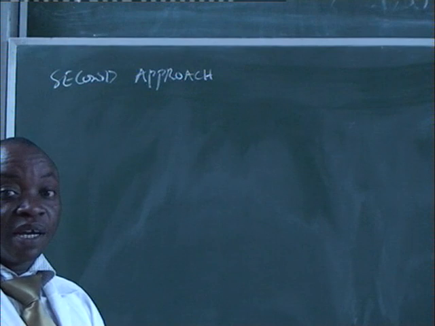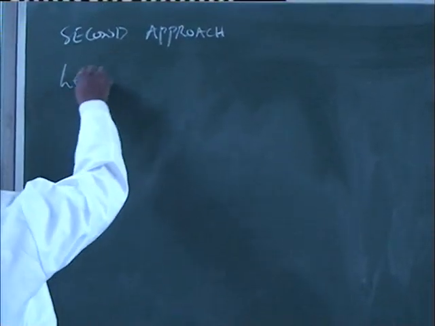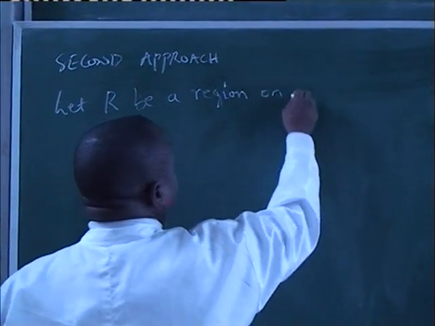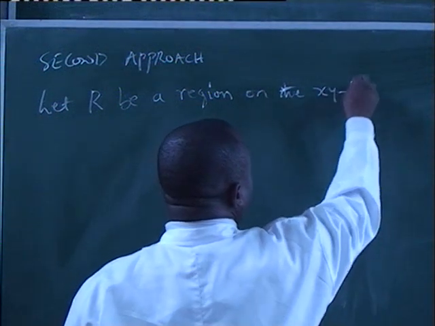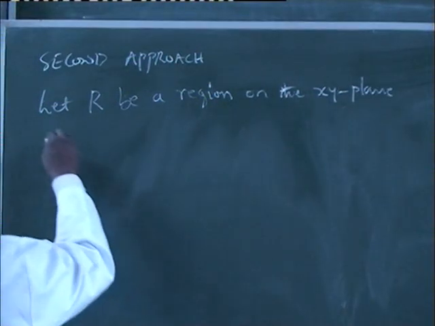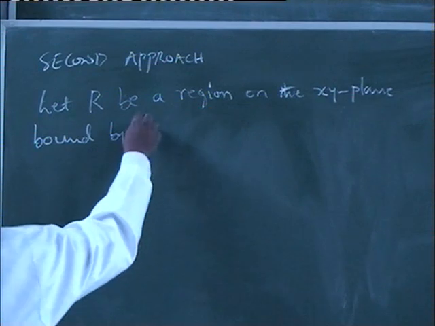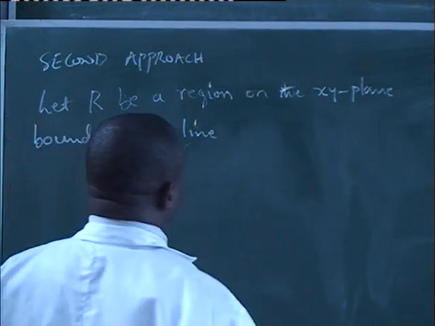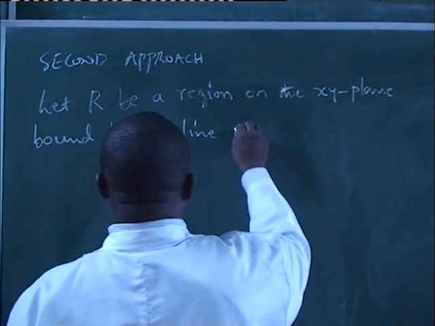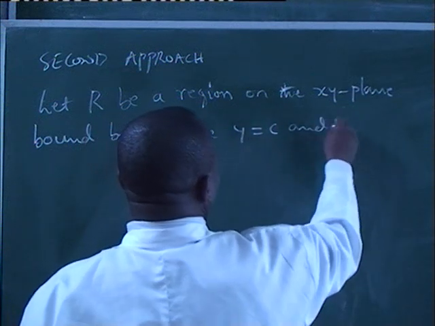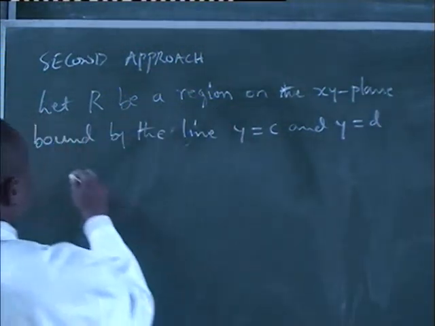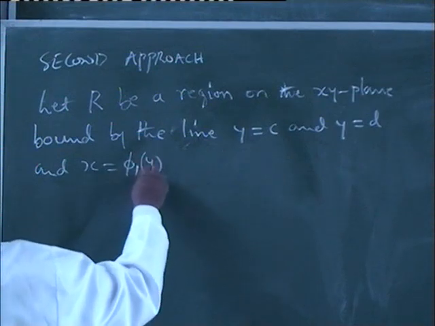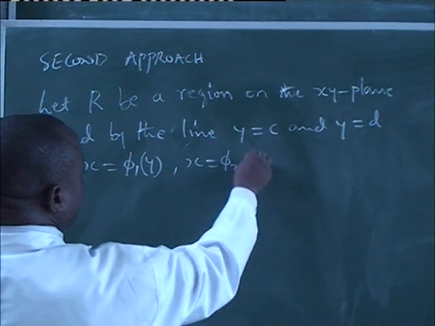Now we want to look at the second approach, and we say let R be a region on the x, y plane bounded by the lines y is equal to c and y is equal to d, and the functions x is equal to phi 1 of y and x is equal to phi 2 of y.